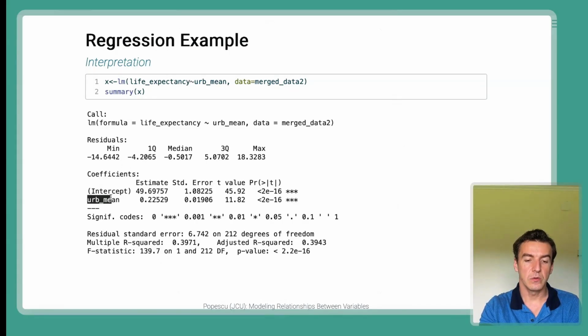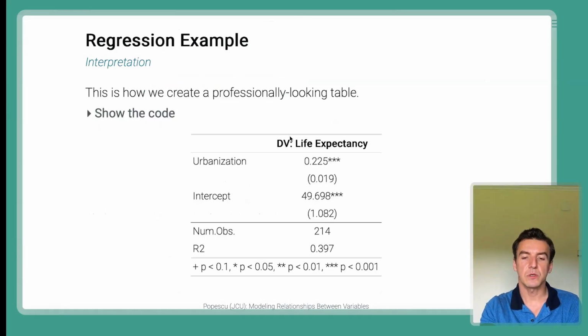And also, here is the B, beta, 0.25. And also create a table. So this table shows us the main B. It shows us the alpha, the A. It also shows us some important statistics, such as the number of observations and the R squared.